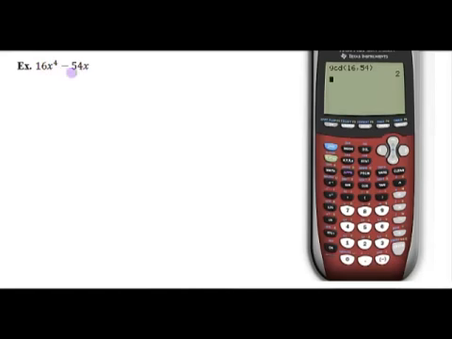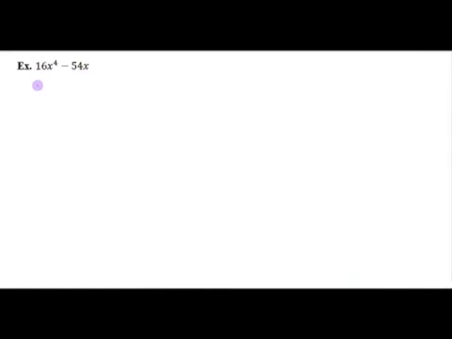So we have a 2 in common as far as numbers, and an x in common for our variables. So our greatest common factor is going to be a 2x, and that leaves me with 8x cubed minus 27.